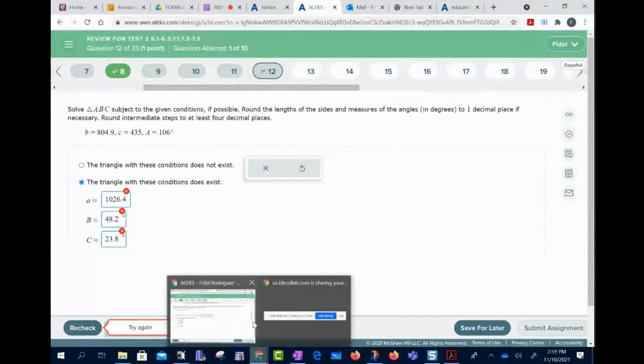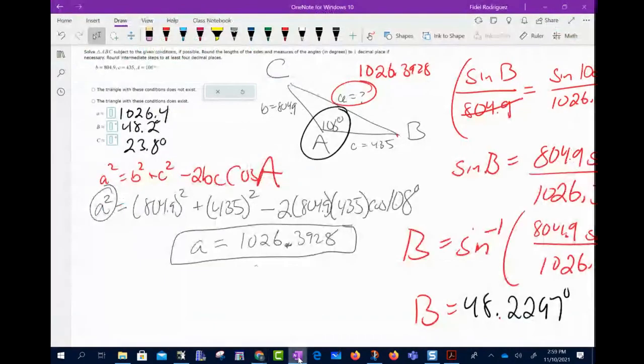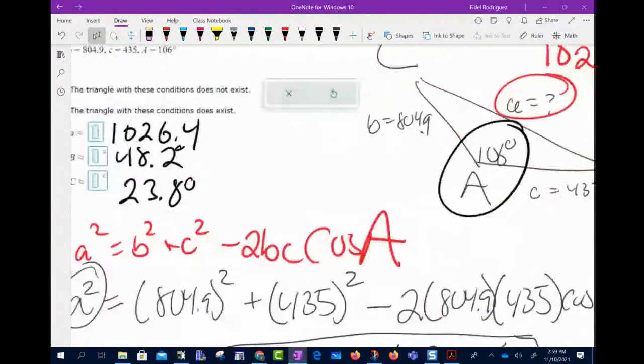Oh my goodness. Why not? All right, let's see. 1026.4. Did I write something wrong down? Ah, okay. You know what it is, guys? What was angle A?